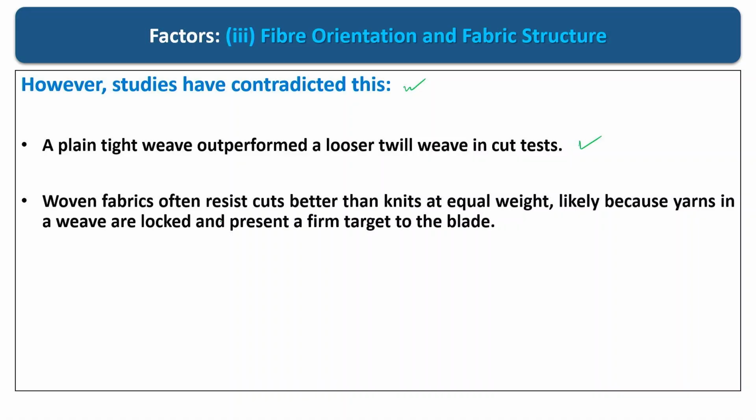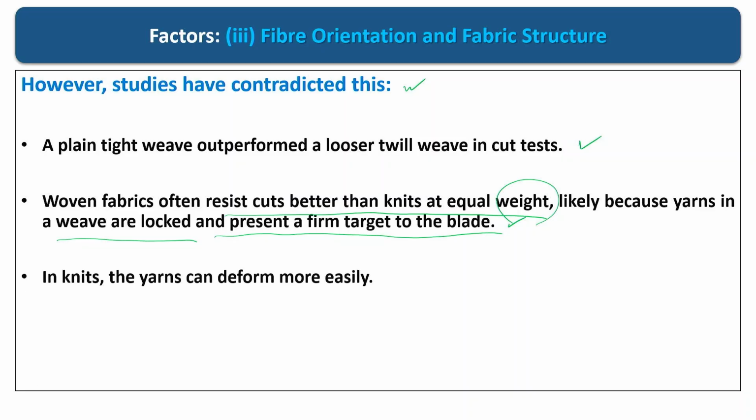Woven fabrics often resist cut better than knits of equal weight. So, this is likely because the yarns in woven fabric are locked and present a firm target to the blade. So, this is a compact, locked structure, they actually present a firm target, firm structure.